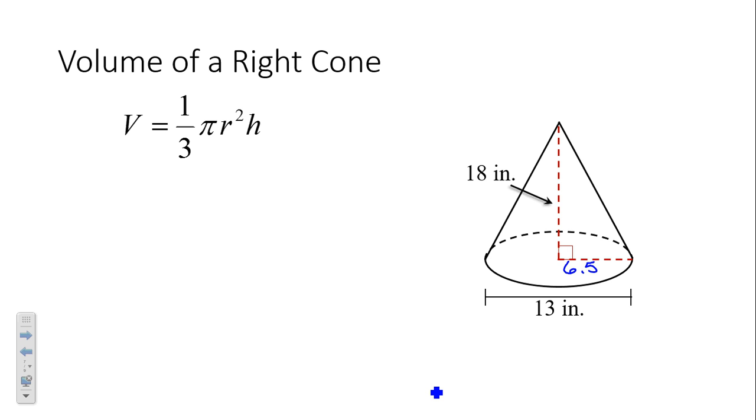So 1/3 divided by 3. Yeah, at the end. Yep. So whatever we get for 6.5 squared times the perpendicular height, 18, at the very end we want to divide that by 3.